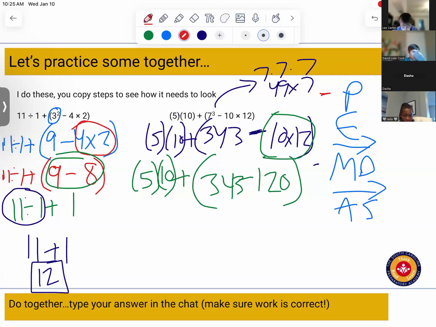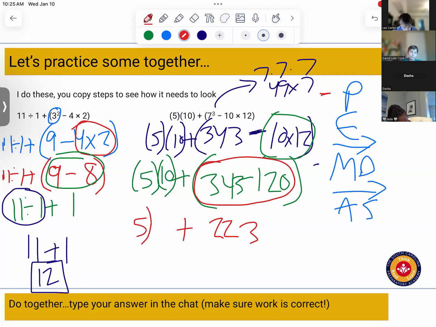Here, now we have 343 minus 120 is our next step, okay? That's going to be 223. Oops. So we have 223 right here. Okay. And then we rewrite the rest of the problem here.